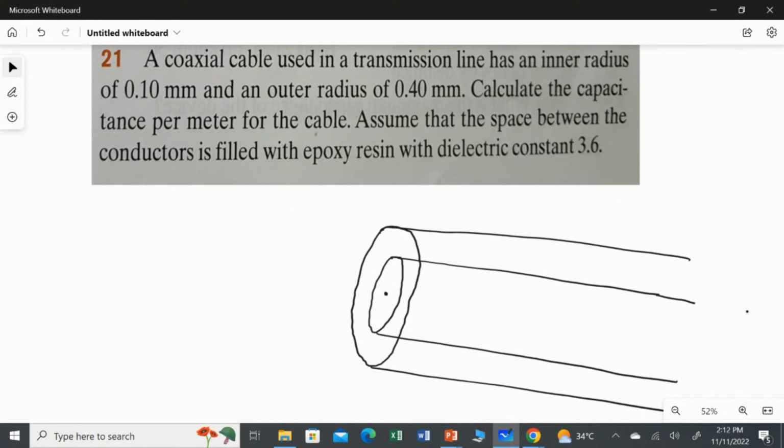And from the center to the outside, it's the outer layer, outer radius. Likewise, for the inner layer, this is our inner radius. So this is our inner radius, right?